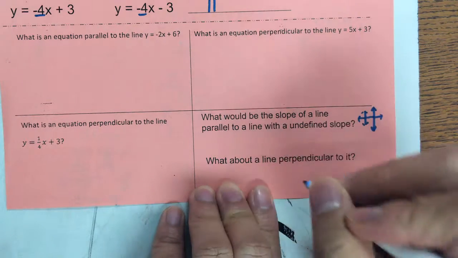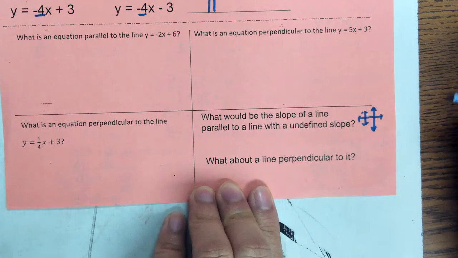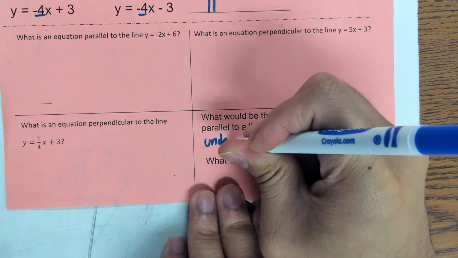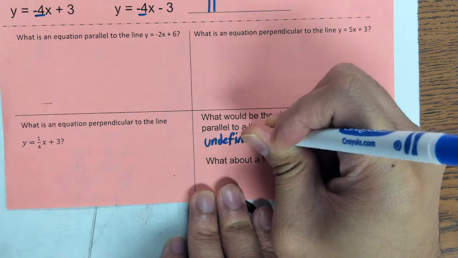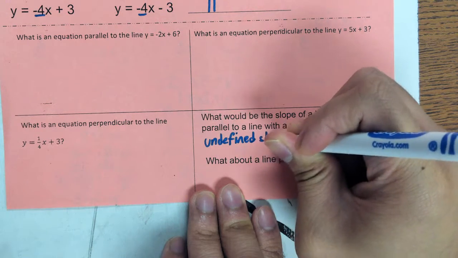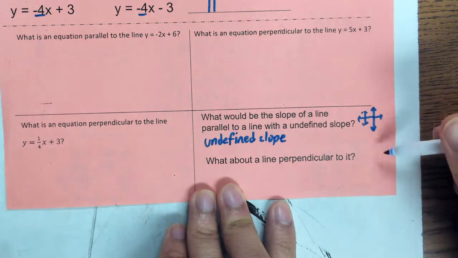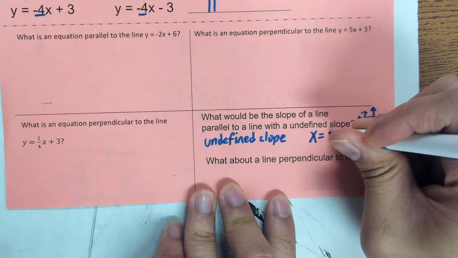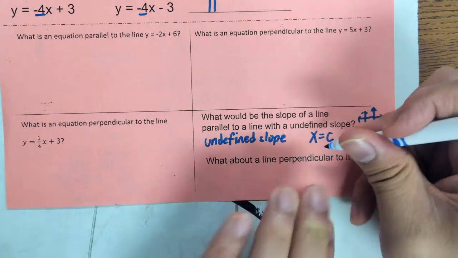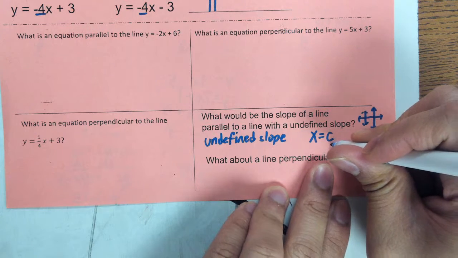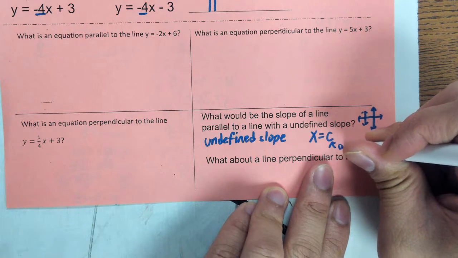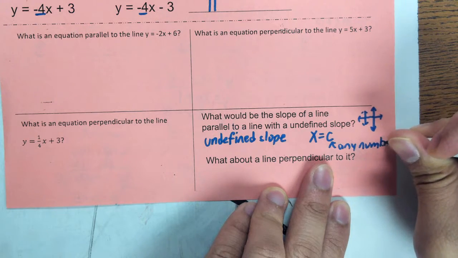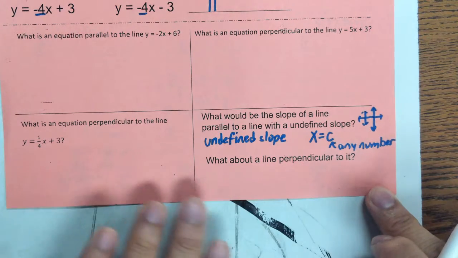So if I want a line to be parallel to it, it needs to have the same slope. It also needs to have an undefined slope. And the equation of a vertical line looks like x equals c, where c is a constant. c can be any number. So x equals a number. It's an undefined slope.